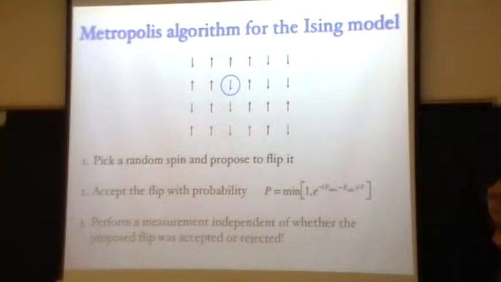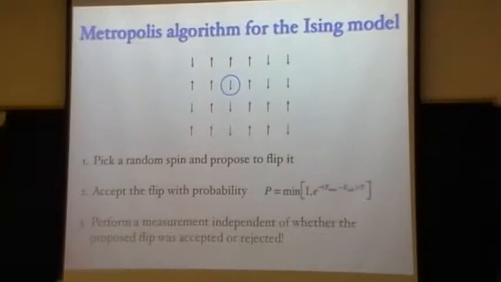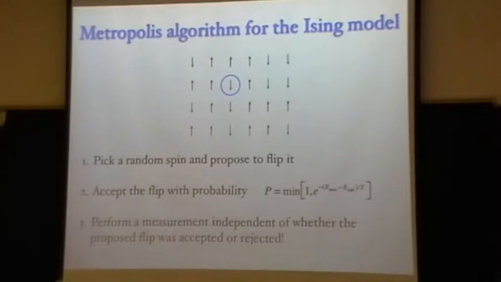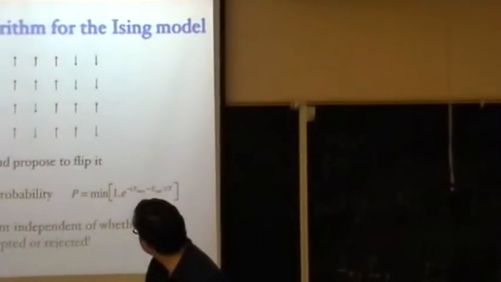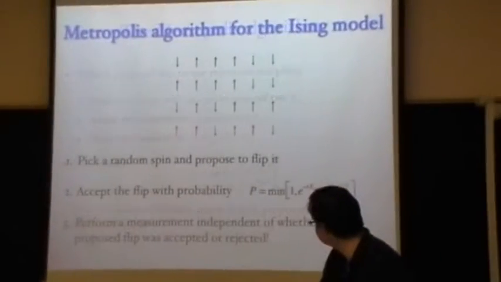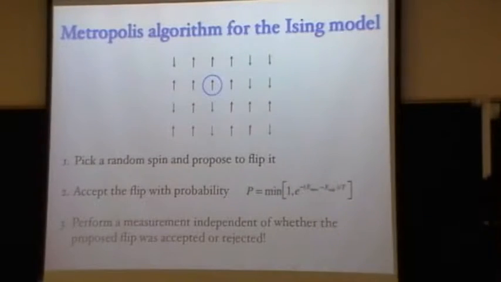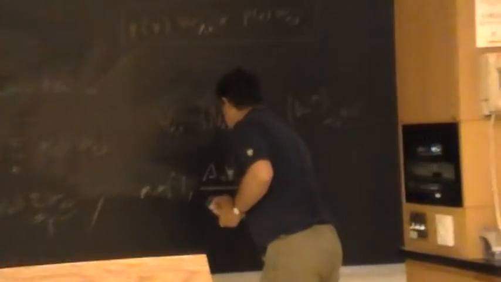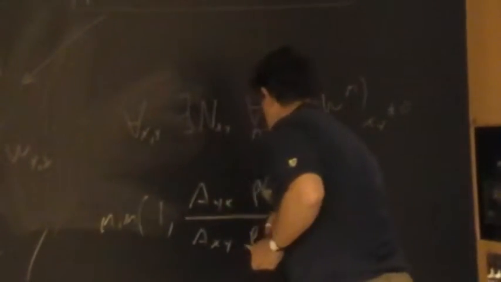Now what is the probability of flipping it? The probability of flipping it is the minimum of 1 and the ratio of A(Y→X) times P(Y) divided by A(X→Y) times P(X).